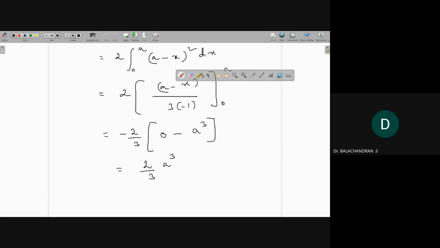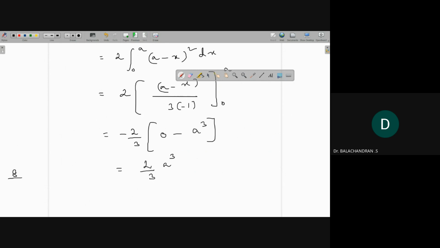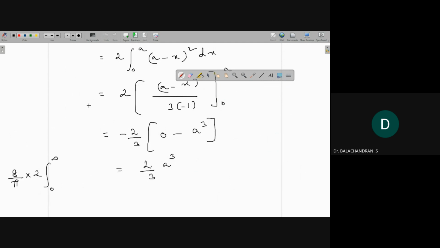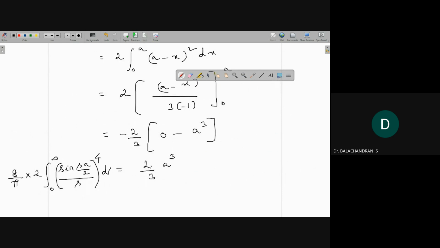So 2 into 8 by pi, 2 times integral 0 to infinity (sin(sa/2)/s) whole power 4 into ds. Okay. So now I need only this integral.